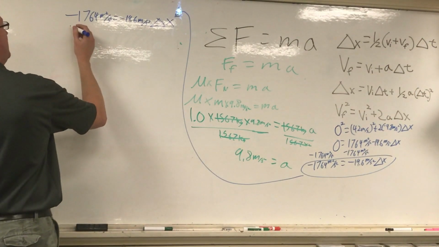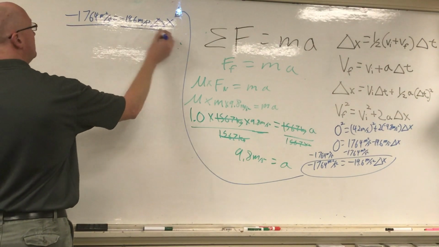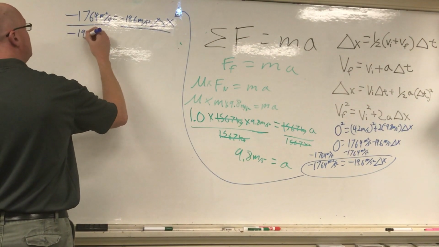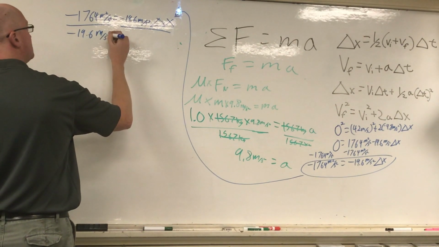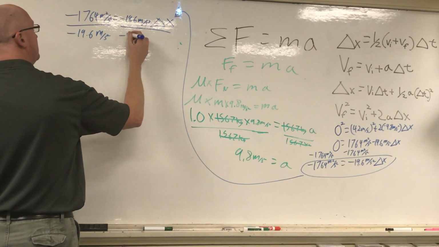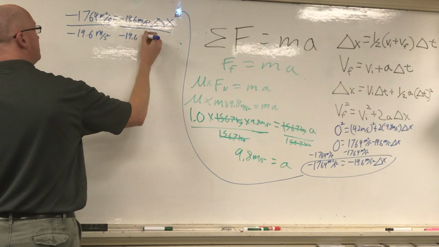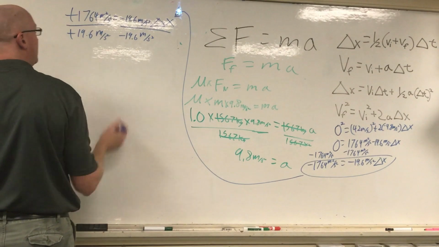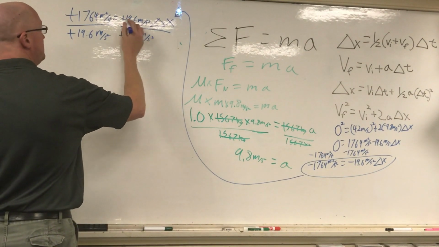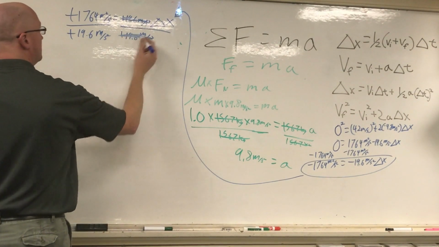So, divide both sides by negative 19.6 meters per second squared. Now, negatives are going to cancel. Well, this whole thing is going to cancel.